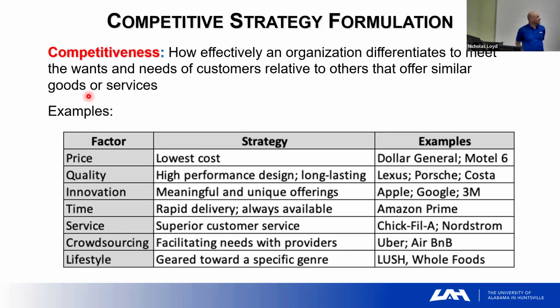So here's just some examples, because that's what you can become competitive on, right? That's what competitiveness is: if I have this aspect, I can effectively differentiate myself. Like I talked about Walmart, Dollar General is even more of a low cost provider, and a lot of that comes with not having brand names.